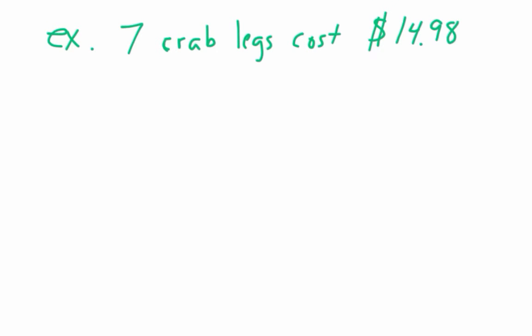And we're going to hit this last one real fast then. So example, if you have 7 crab legs, cost $14.98. What does each one cost?